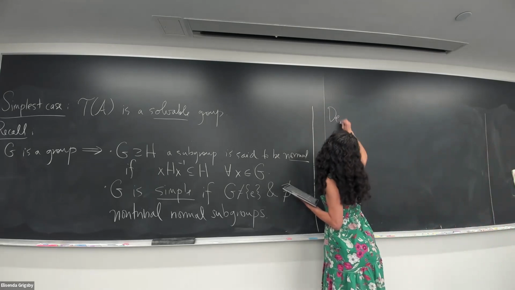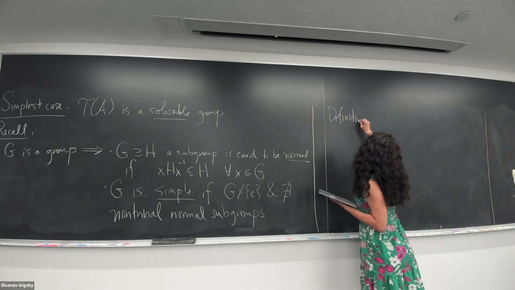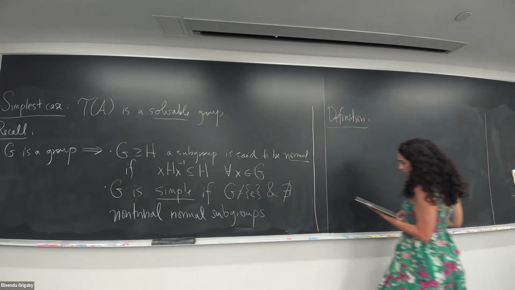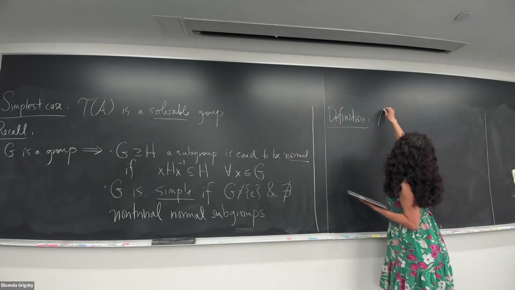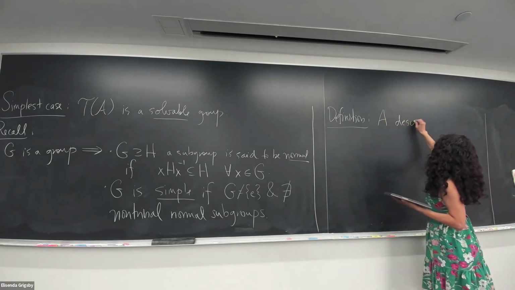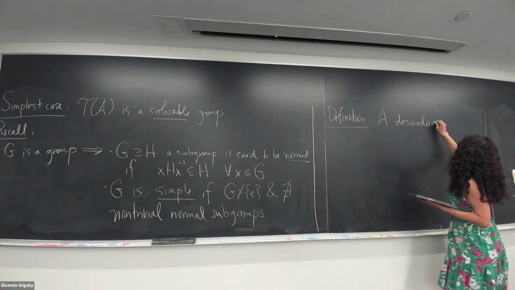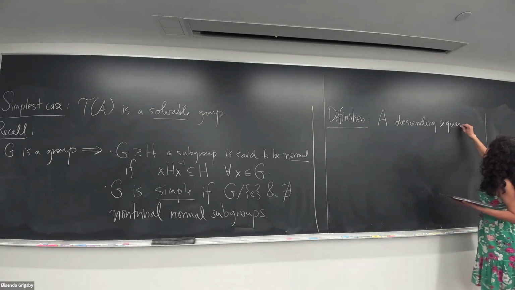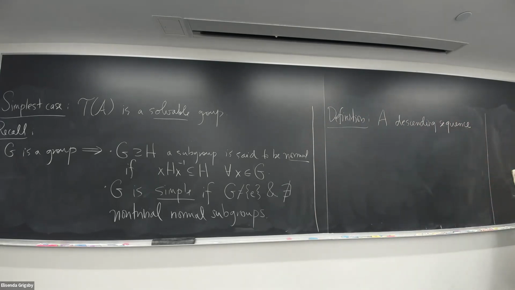So then the ascending sequence of normal subgroups of a group is called a normal tower.